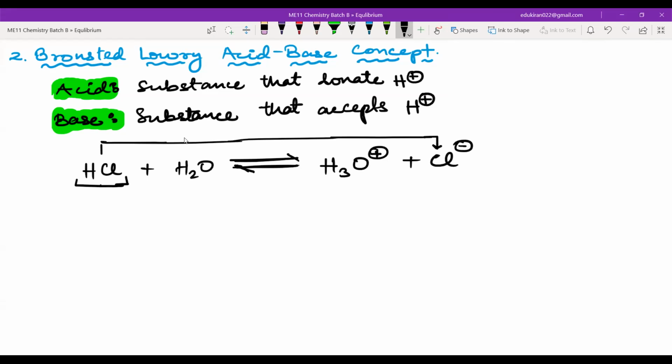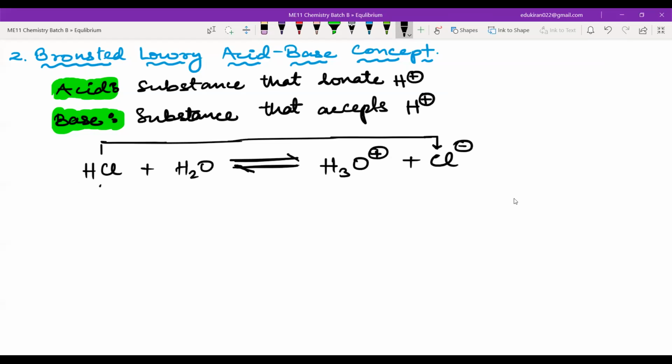So is it donating or accepting H plus ion?